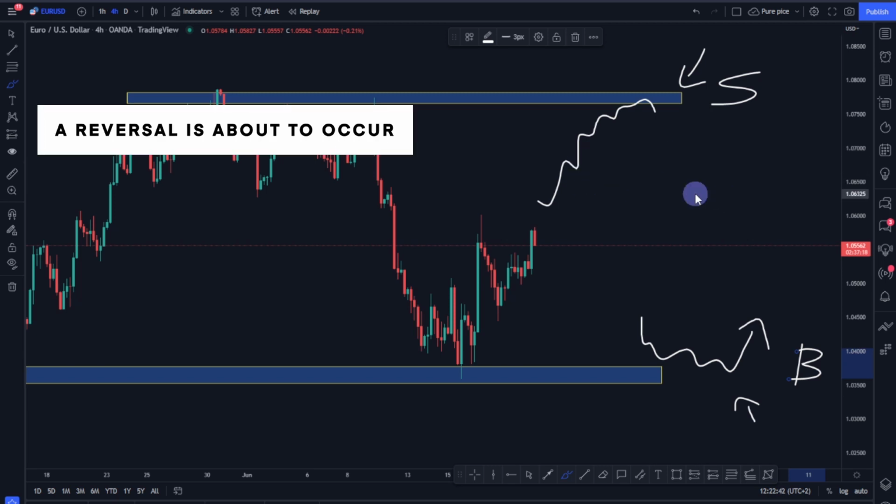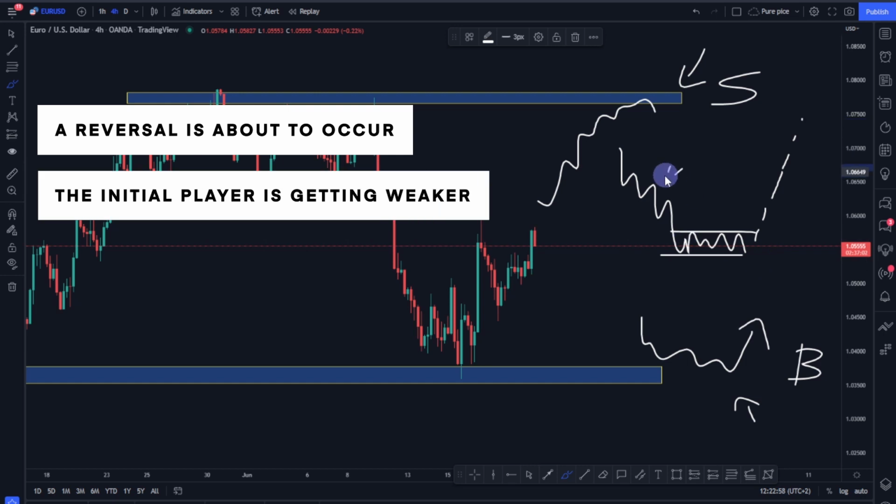So if you see a market, let's say it was moving in a downtrend initially, and then you see it entering a range, it is likely that a major reversal is going to occur soon. A range also tells you that the initial player, in this case the sellers, is getting weaker or getting defeated.